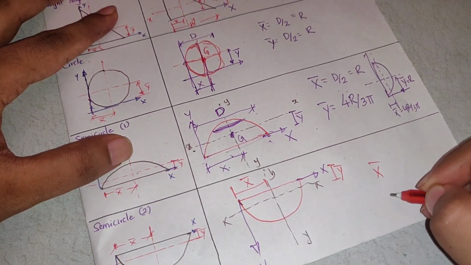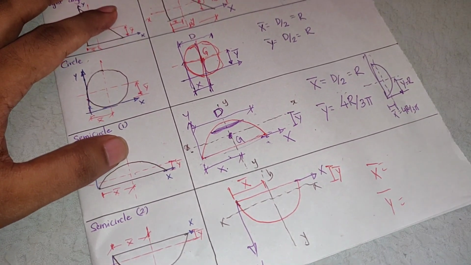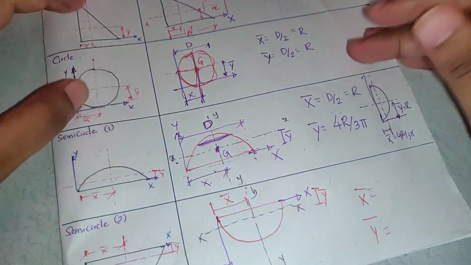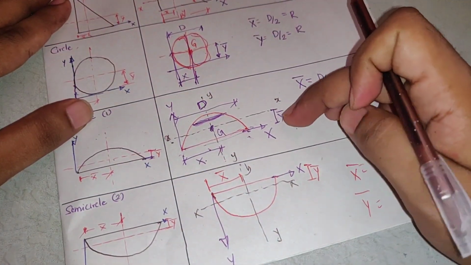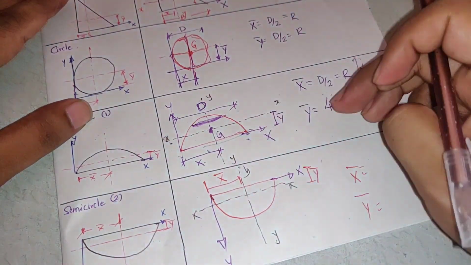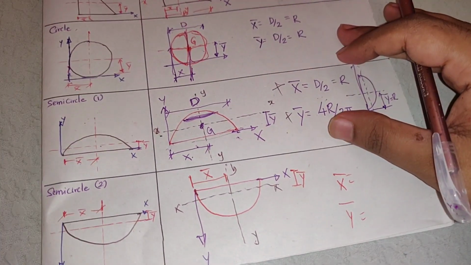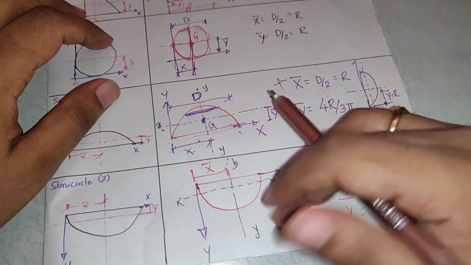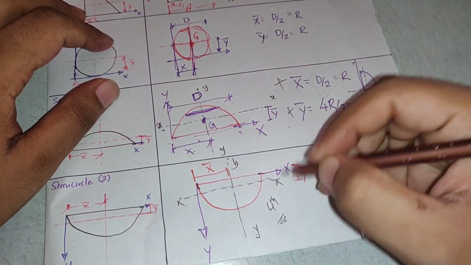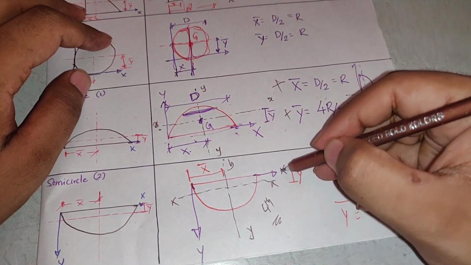Now what will be the values of x bar and y bar? We need not explain much here, because it is just the reverse of this. There, x bar and y bar were falling in the first quadrant, so both values were positive. But here the object is falling in the fourth quadrant, so x bar will be positive, because x is positive.